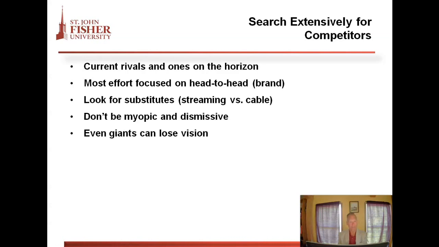They are not only your current rivals, but a good SWOT analysis takes a look at threats and competitors, and at who has the capability to enter your market but is not in your market yet. That's what Netflix has to take a look at.